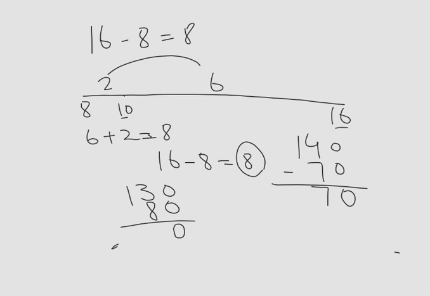So the answer is 5. 13 minus 8 is 5, so we got 50 as the answer. If the numbers have zeros, you can do it like this. Let me do another example: 190 minus 80.